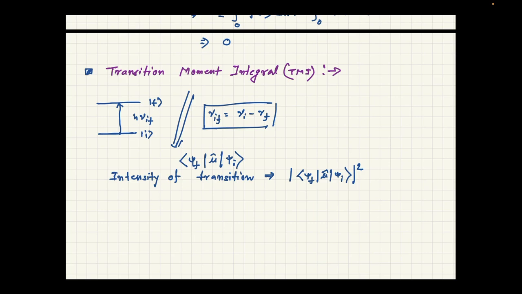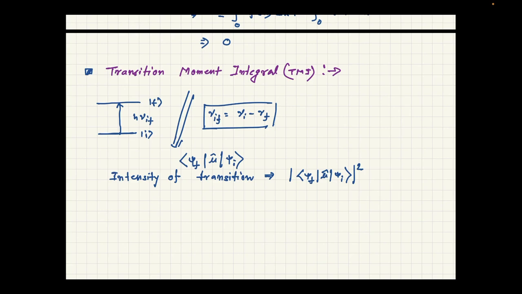Now, we just saw psi f, the final eigenstate, psi I, the initial eigenstate, and this is the dipole moment operator. So psi I will act as a basis for an irreducible representation, and psi f also will act as a basis for an irreducible representation, right?